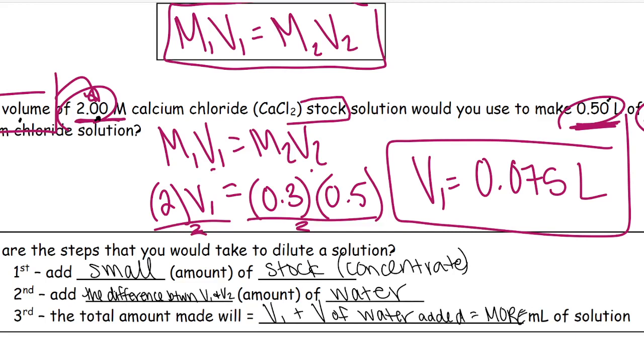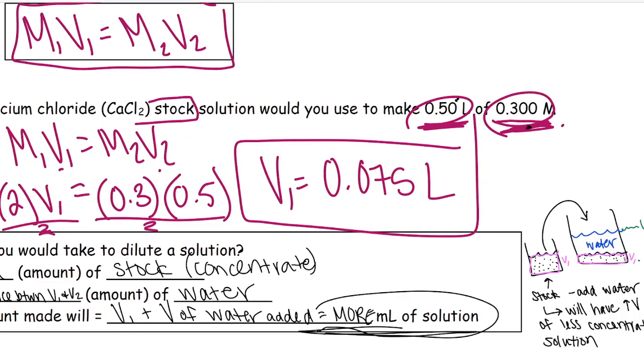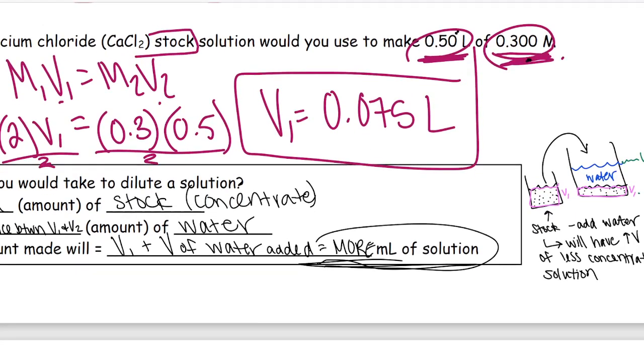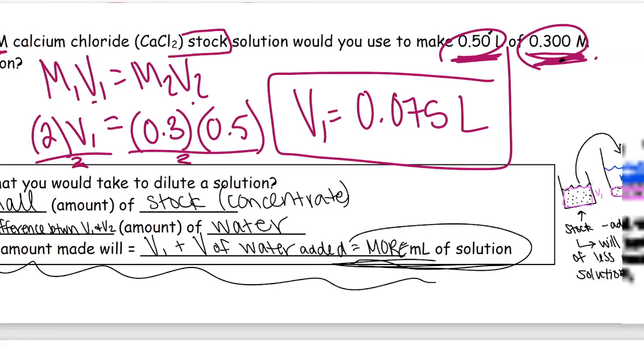I said it's going to equal volume 1 plus volume of water. That will equal more milliliters of solution. So I don't remember what I meant to write there. Have in here that you're going to have a higher volume, or more milliliters, of a less concentrated solution. So I think this is trying to get at the same thing.